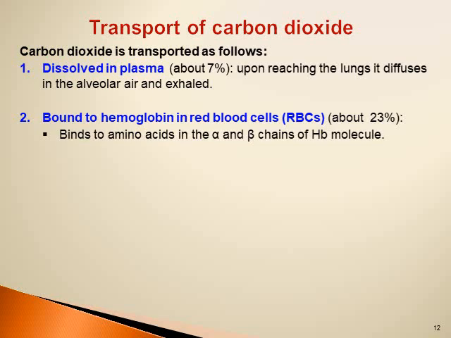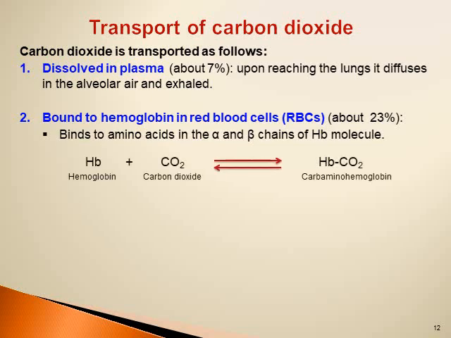So carbon dioxide doesn't bind to iron in the heme ring, so it doesn't compete with oxygen on hemoglobin. Carbon dioxide and oxygen bind to different sites on hemoglobin, so there is no competition between these two respiratory gases.